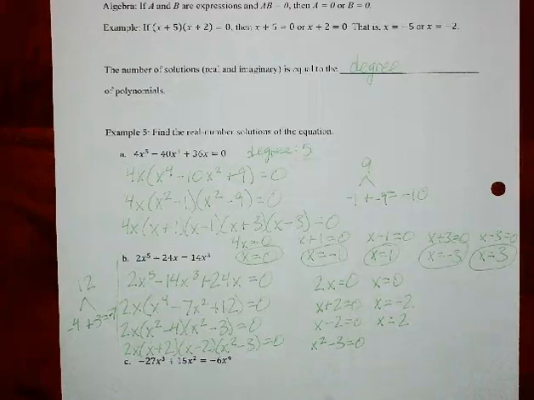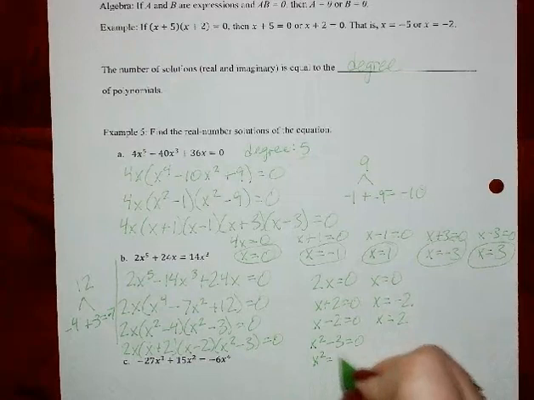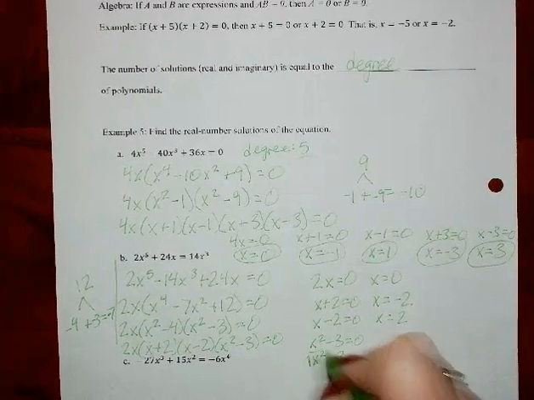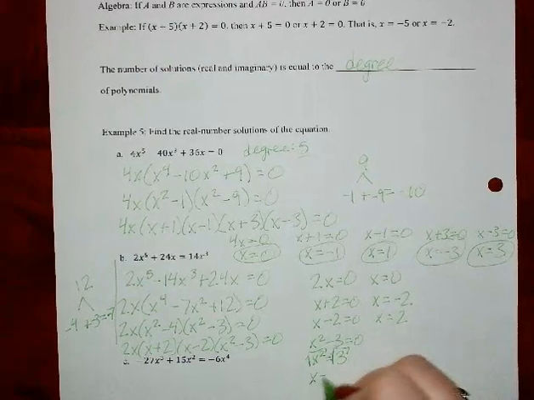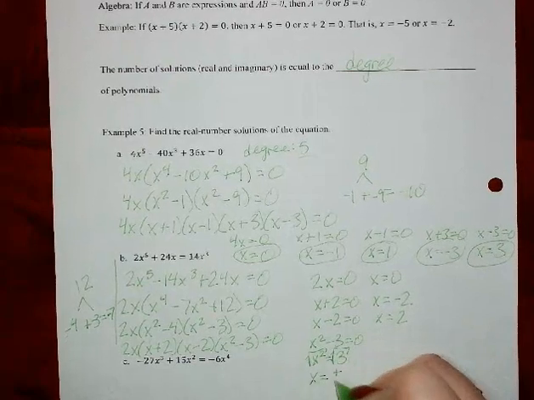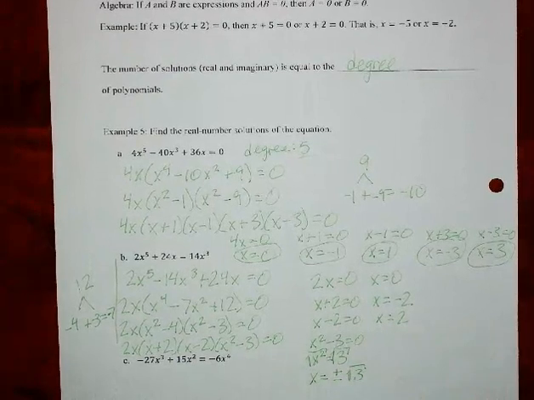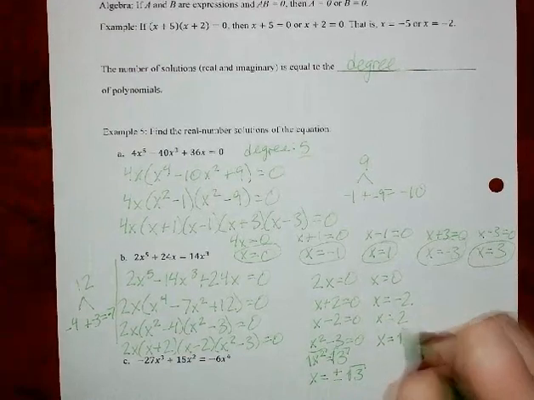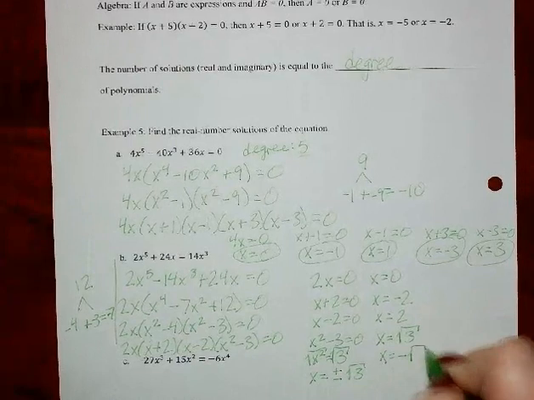What we're going to do is solve for x. So we move the 3 over. We get x squared equals 3. And then we take the square root of both sides to get x by itself. When we do that, we get a positive or negative square root of 3. So that means that x is either equal to positive root 3 or x is equal to negative root 3.